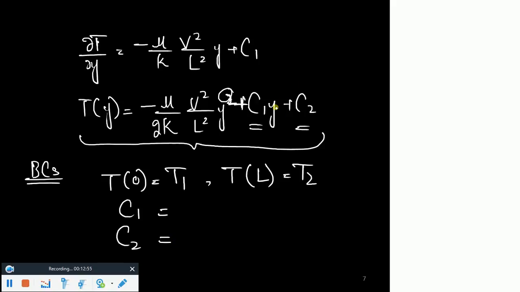This is quite straightforward. If you just plug in y equals 0, C2 would be equal to T1. Yes, C2 would be equal to T1. Just give me the value of C1. You come up with that C1. What was that? 1 by L, T2 plus mu.